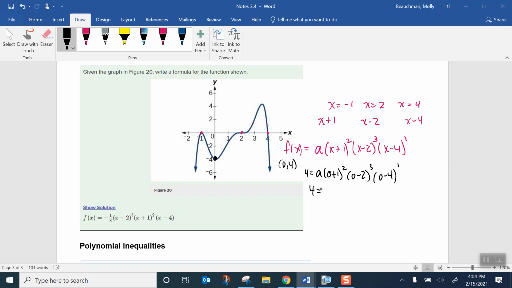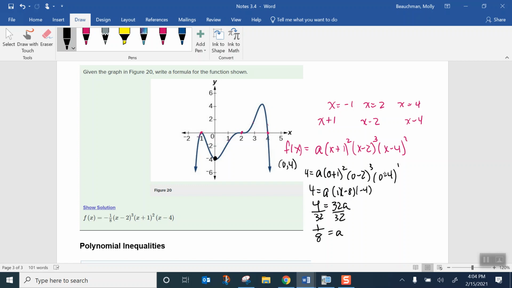So I get -4 is equal to a times 1 times (-2) cubed, which is -8, times (-4) to the power of 1, which is -4. I get -4 is equal to positive 32a. Divide both sides by 32. I end up with -1/8 is equal to a.